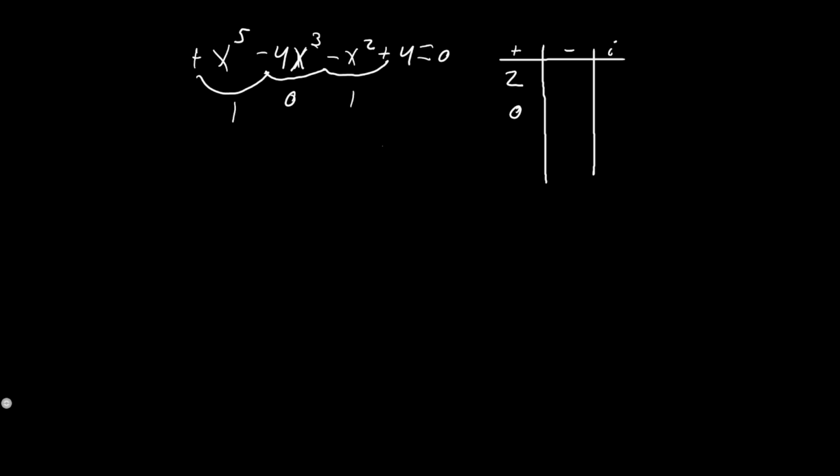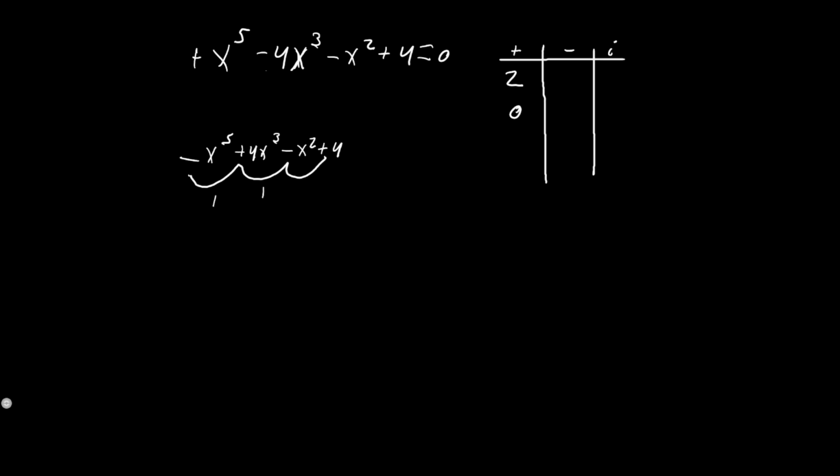And now we're going to look at negative f of x, which is going to tell us our solutions that are negative. So we're going to have negative x to the power of 5 plus 4x cubed minus x squared plus 4, and we're going to have one sign change, two sign changes, and 3.